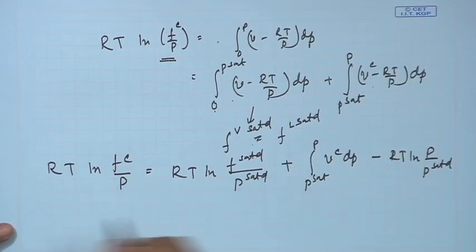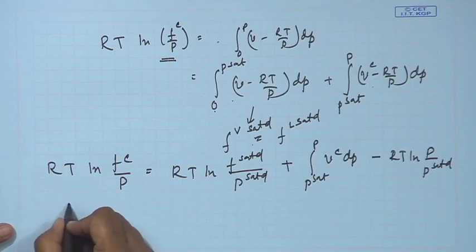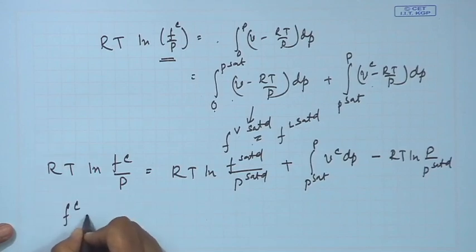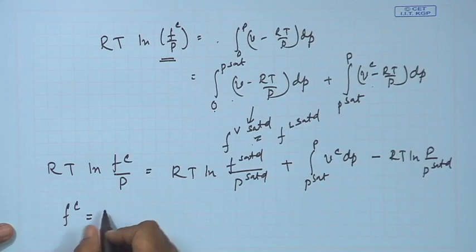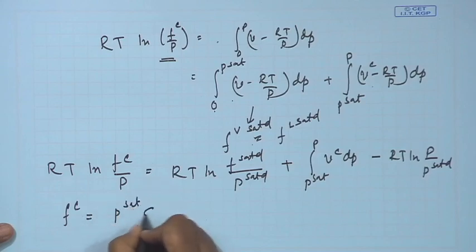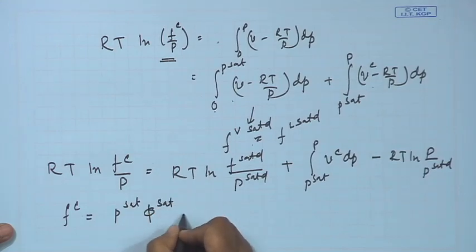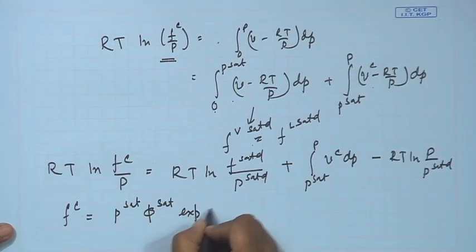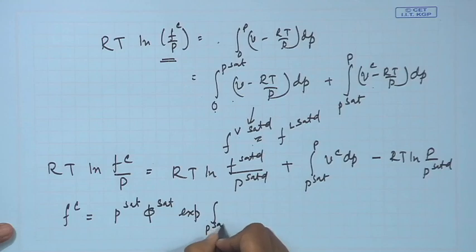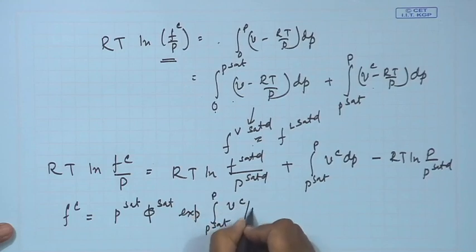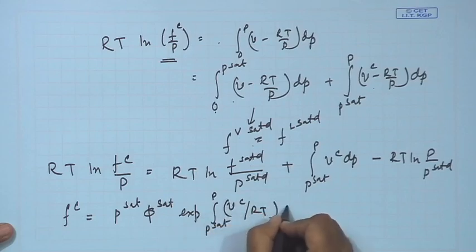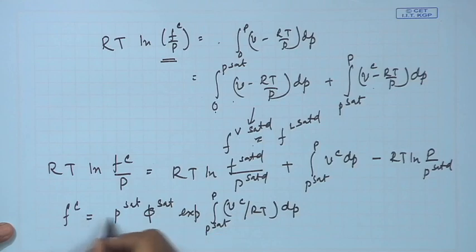Now, removing all the logarithms and writing it down, we can write it as fc equals P saturated phi saturated times exponential of the integral from P saturated to P of Vc by RT dP, where this is the saturated vapor pressure.